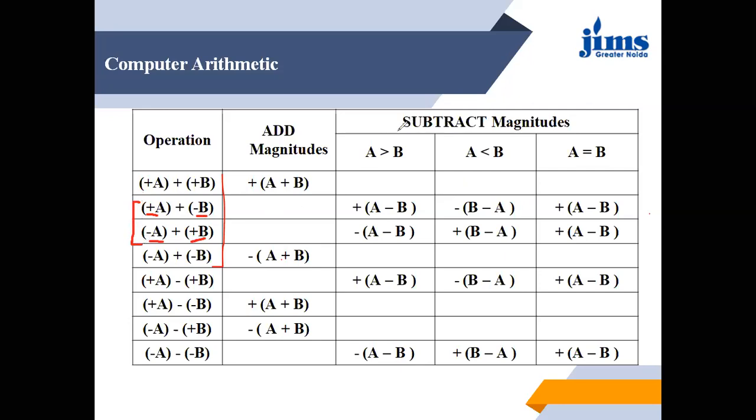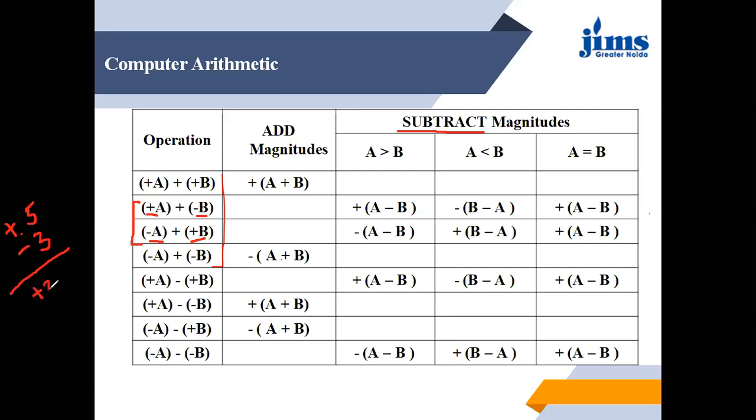In this case we have to subtract the magnitudes. We are talking at present in decimal numbers to make it easy to understand. So A is, for example, 5, B is, for example, 3, then the result will be plus 2.